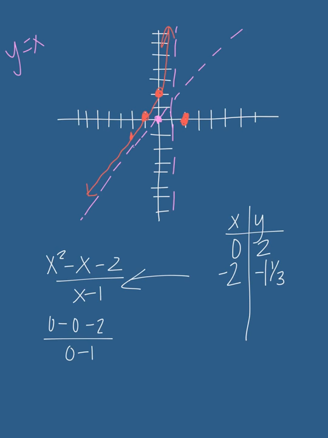Let's plug in a couple of points on this side of the vertical asymptote. The thing that's going to be a little bit hard is that we really do need to plug something in between these two, between 1 and 2. So I'm going to plug in 1.5. And when I plugged in 1.5, I got -2.5.